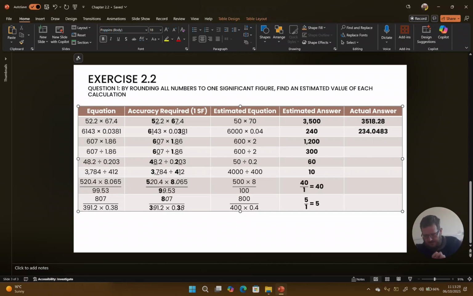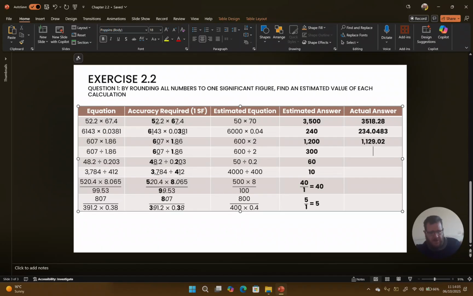Next number, 607 times 1.86. That's your answer for that. Hold it up to the camera so it gives you an idea as to what to expect.